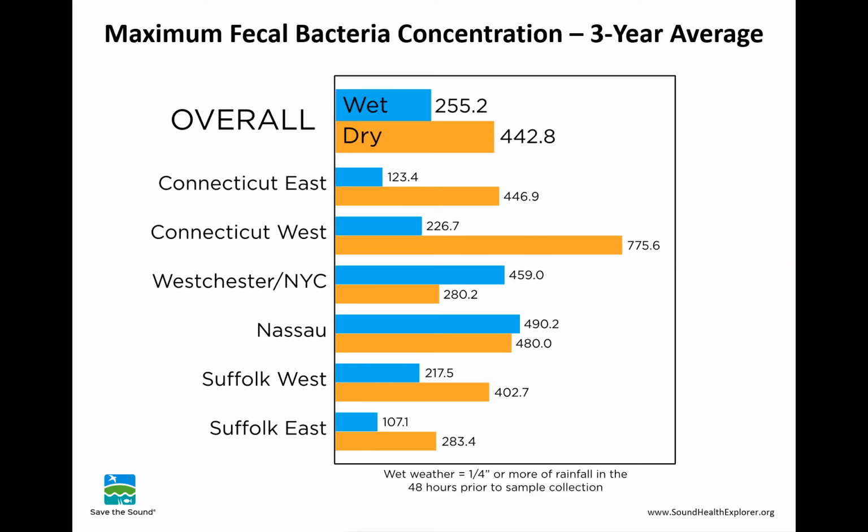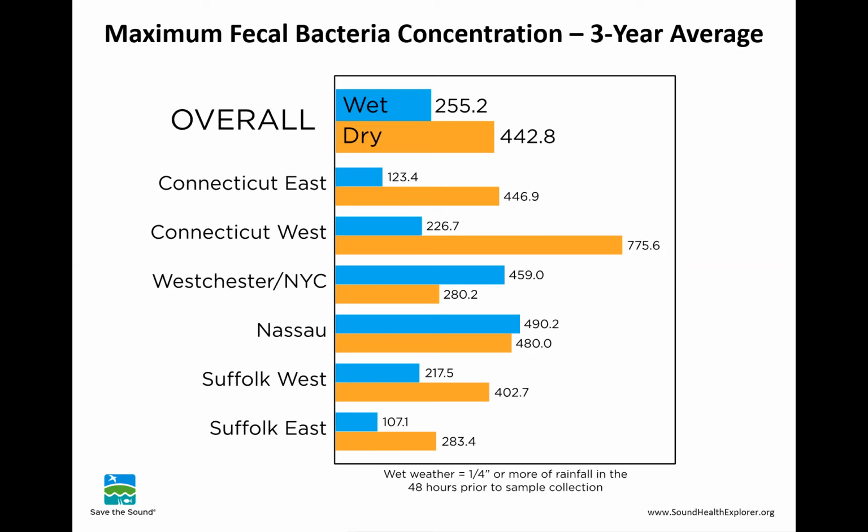It reflects differing sources of pollution in these different regions. For example, people out in Suffolk County know that there's a big issue with groundwater contamination from septics. So something like a septic contamination that is leaching to the beach through groundwater could be a 24/7 dry weather source of contamination.